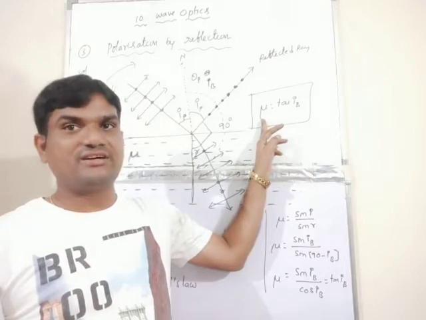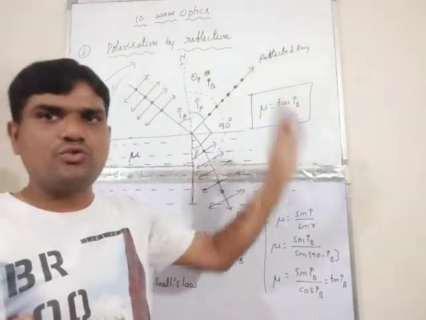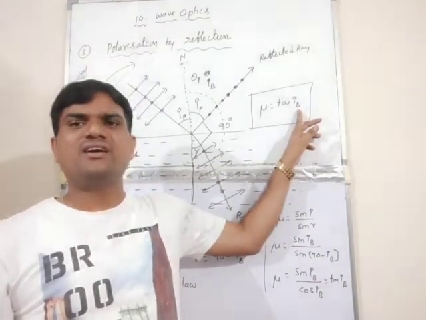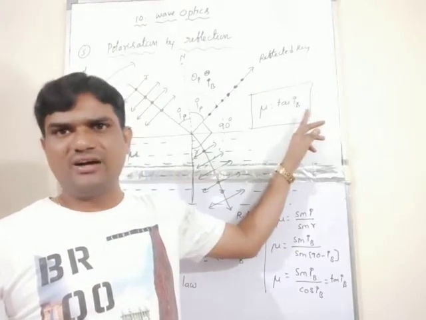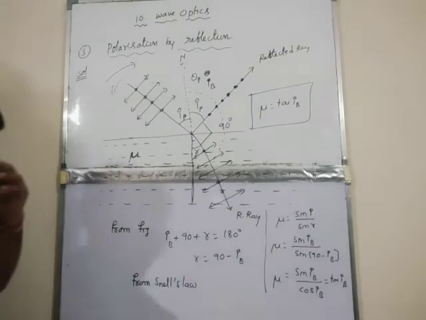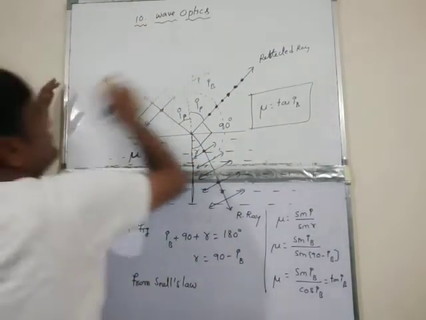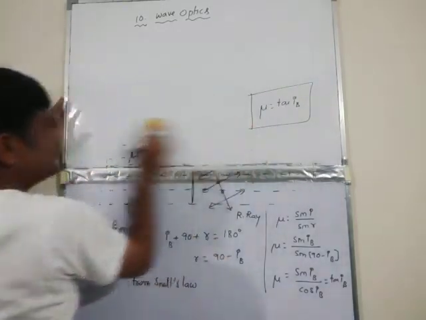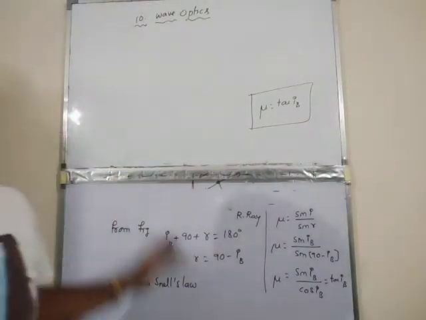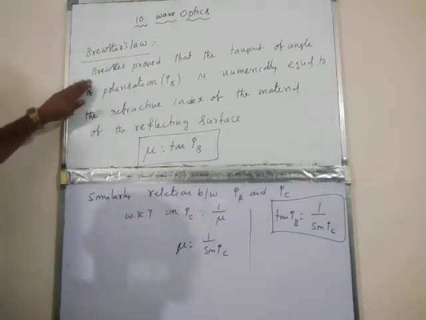The refractive index of the given medium is equal to the tangent of the angle of incidence, which is called the Brewster angle. Now, what is the meaning of Brewster law? Here is the definition.